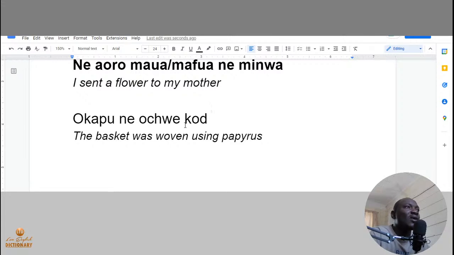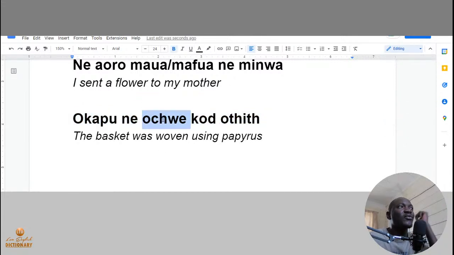Now papyrus is called othith. So okapu ne ochue kod othith. The act of weaving is called chuecho or chue, woven, okay? The basket was woven using papyrus.